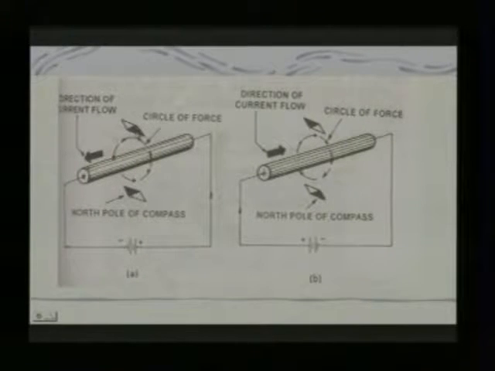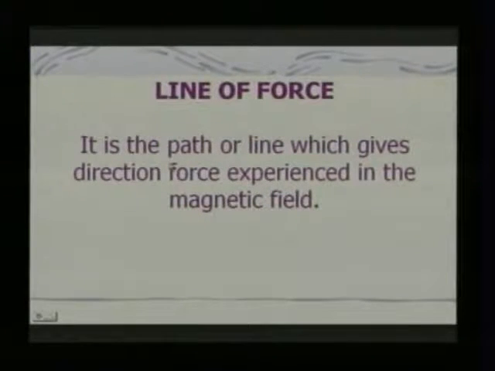Here this indicates the north pole from which the line is flowing, and this indicates the south pole at which the line of flux is terminating. Now we can define line of force. It is the path or line which gives the direction of force experienced in the magnetic field.